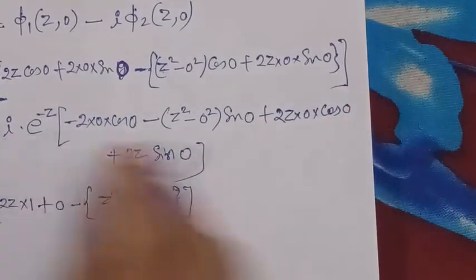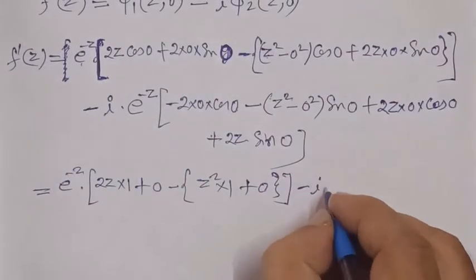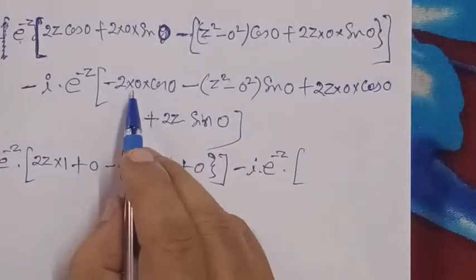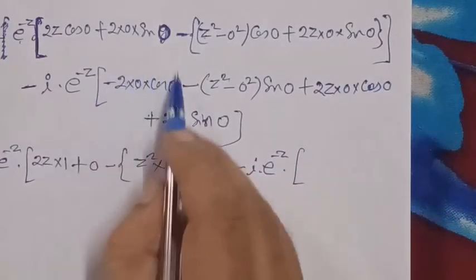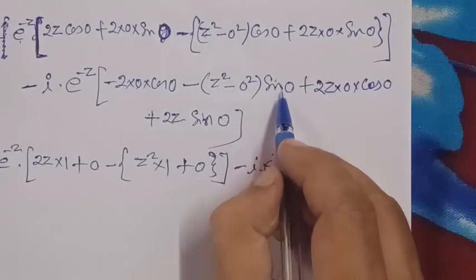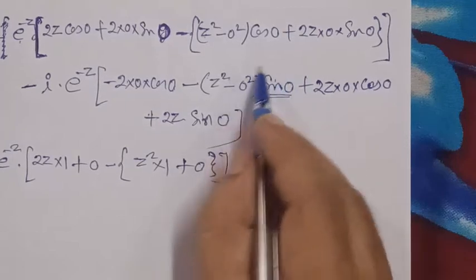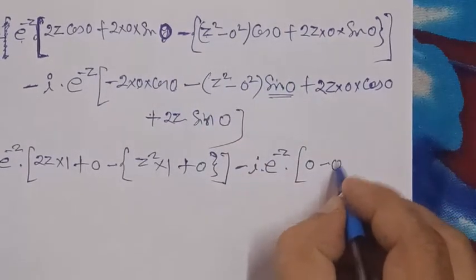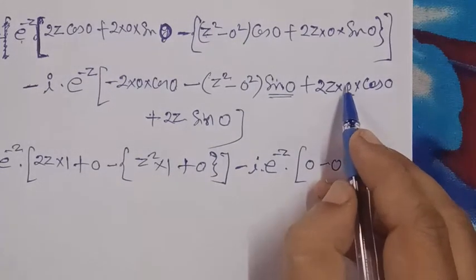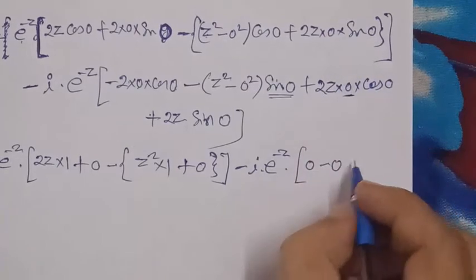After it we write minus i e^(-z), and this 0 multiplied by this value equals 0, and also we know that sin 0 equals 0, so 0 multiplied to this value also equals 0, and also this 0 is present here in this factor, so all this value is 0.